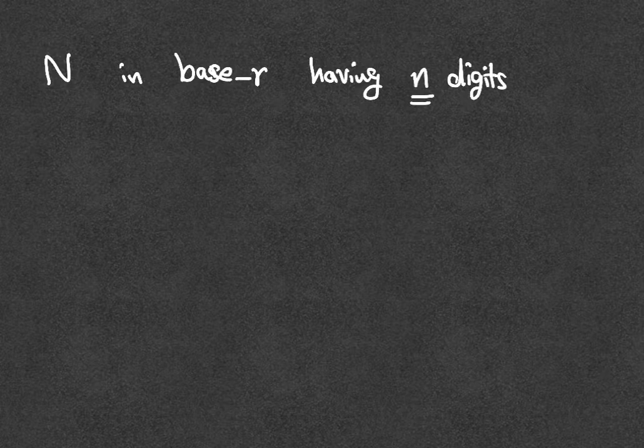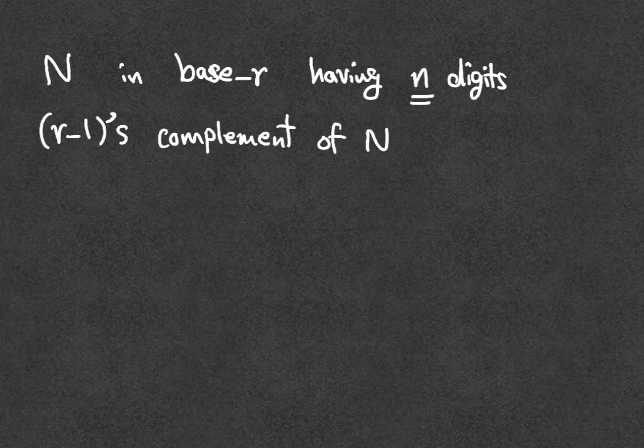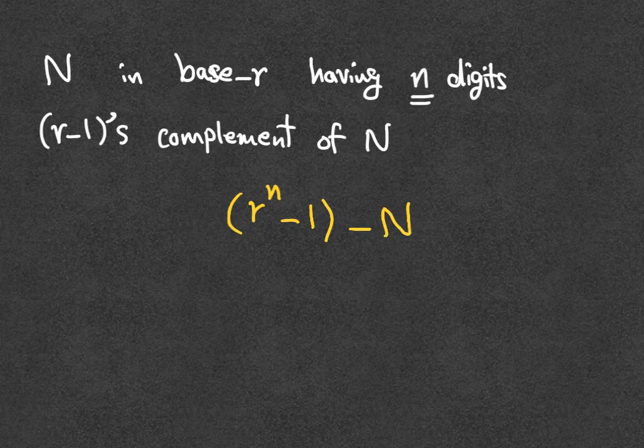So how can we compute R minus 1's complement of this number n? The equation is R to the power of n, which is the number of digits, minus 1, and then minus your n, which is your number.